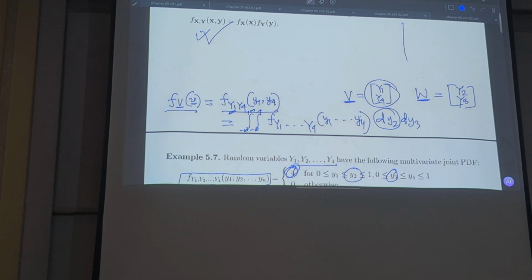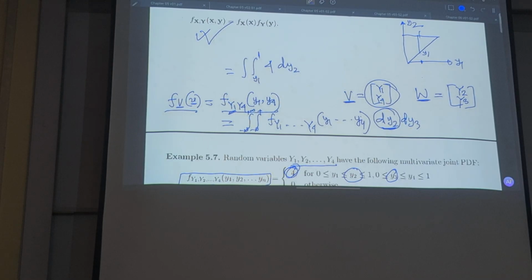If we draw the diagram of y1 and y2, then we see y1 and y2 both go from 0 to 1, but y1 will always be less than y2. So once we are here, for a particular value of y1, y2 will go from y1 to 1. That's why the inner limit will be for y2, from y1 to 1. And then we have 4 dy.